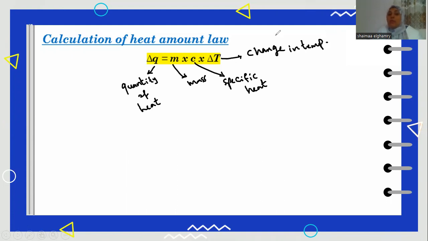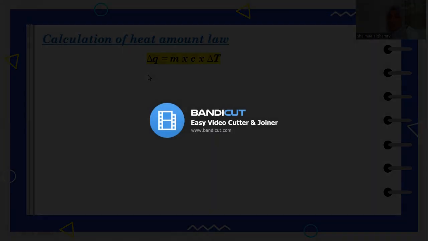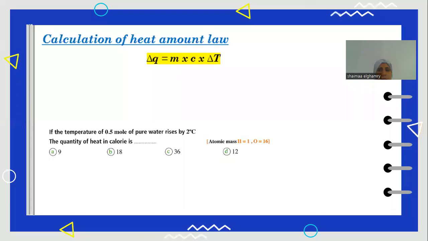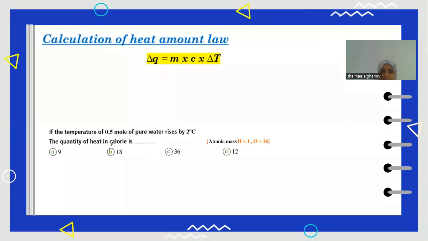Okay, so by using this, here we have an example. If the temperature of 0.5 mole of pure water rises by 2 degrees Celsius, the quantity of heat in calorie is what? Take care that he is asking us to calculate the heat in calorie.